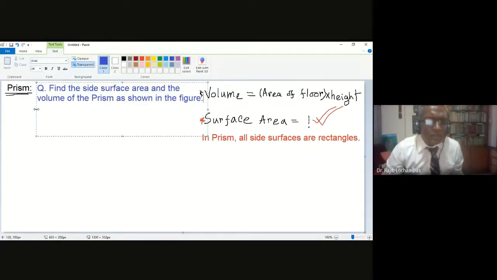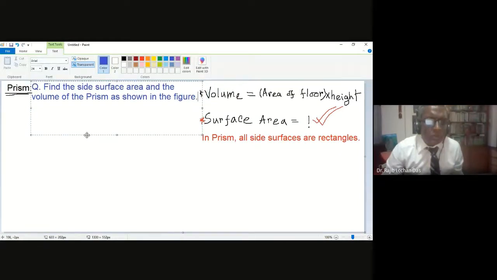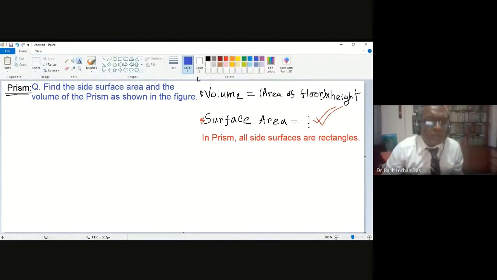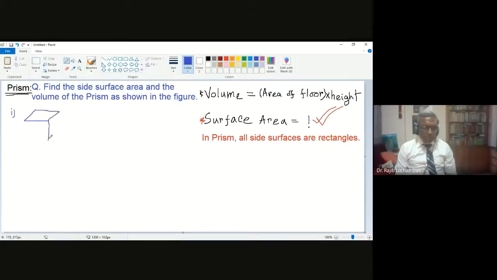I am now giving you the figure here. Say one figure is like a box. This is the simple one. Let me say I am giving you the box like this.